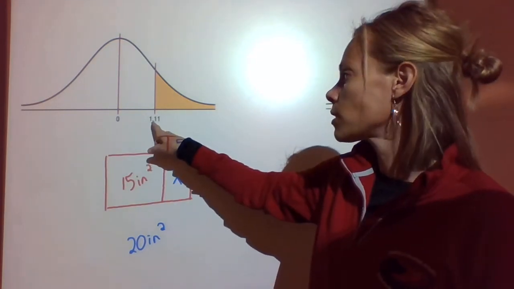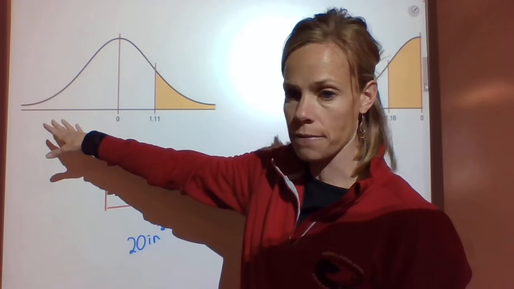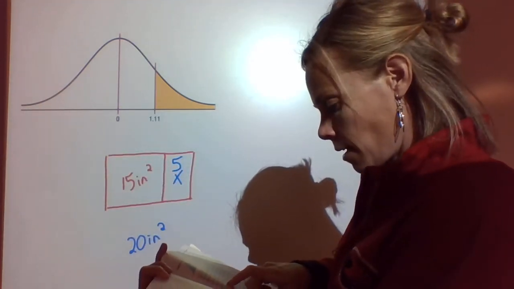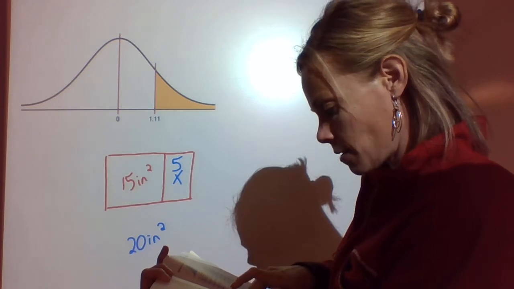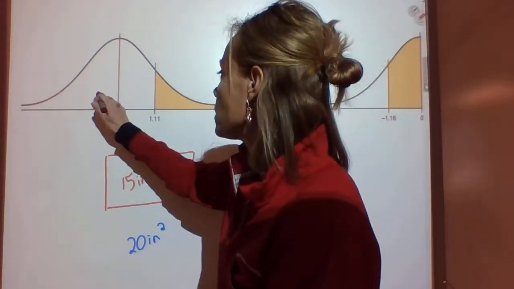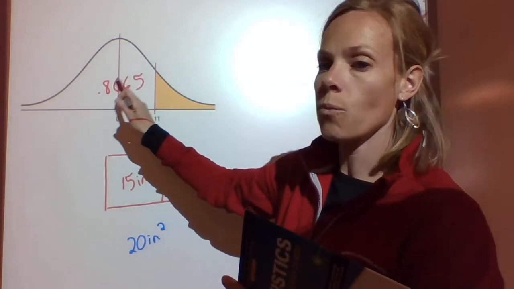Okay, so let's look up 1.11. 1.11 is going to give us the area to the left. Okay, so we got to do that first. 1.11, and you should get 0.8665.